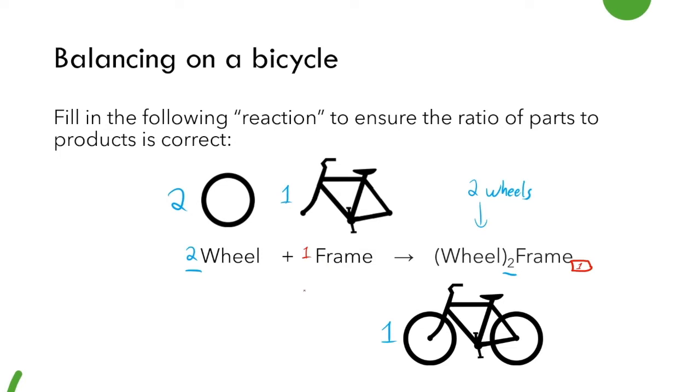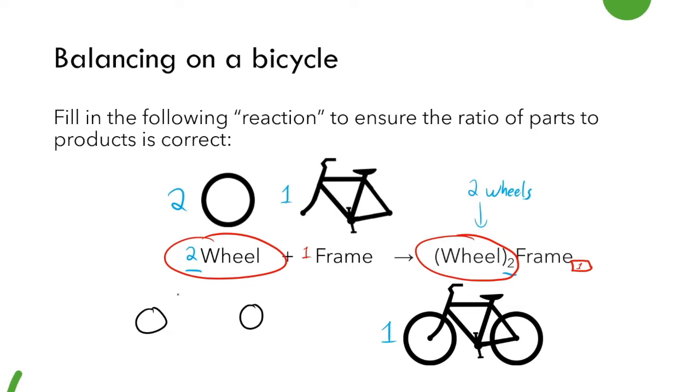There's one thing that I want to highlight before we proceed here, and that's the difference between 2 wheel and wheel 2. 2 wheel means that there are 2 discrete, separate wheels.